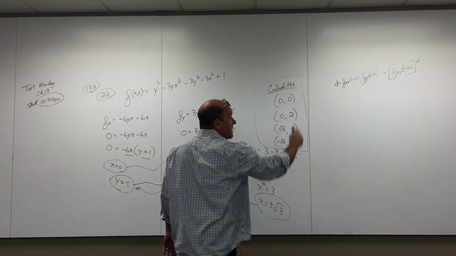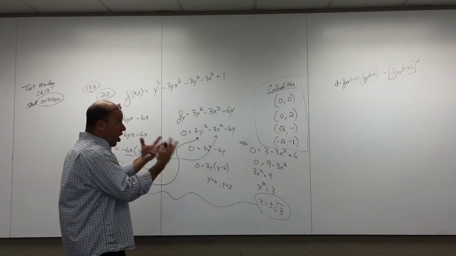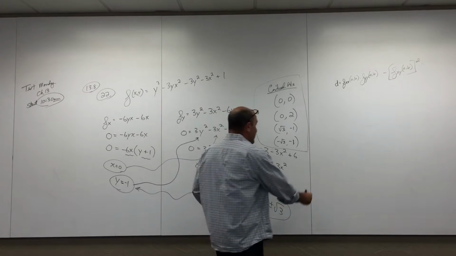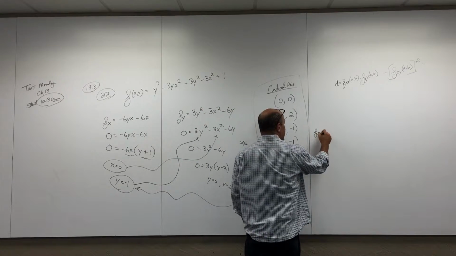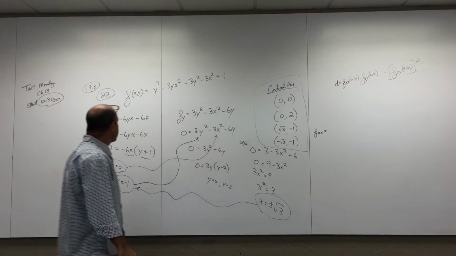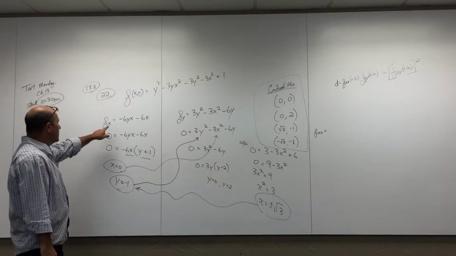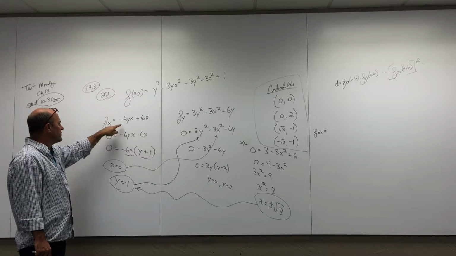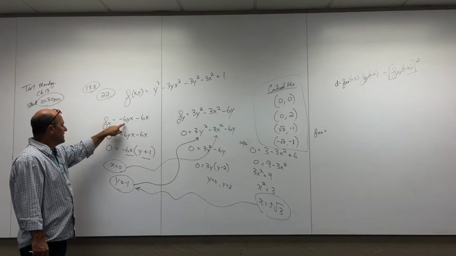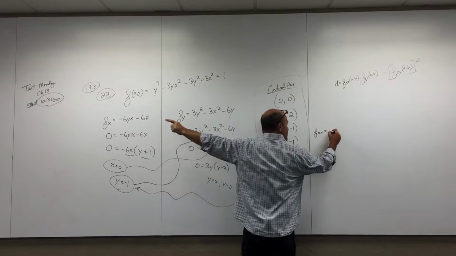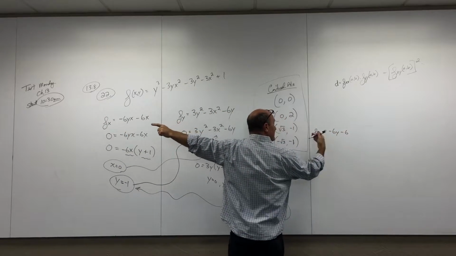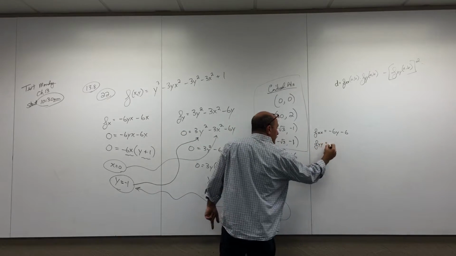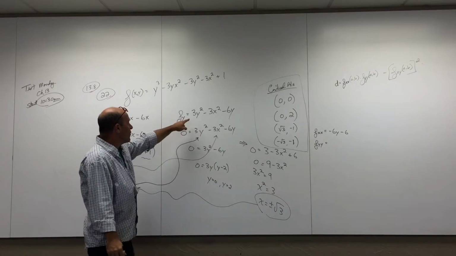So we calculate this number d. I need all my second partial derivatives. I need fxx. Where is fx? Well, here's fx. Take this derivative with respect to x: negative 6y minus 6. That's fxx. I also need fyy. Here's fy.